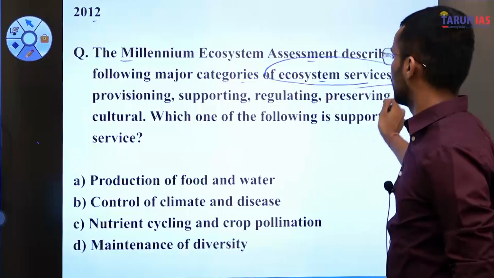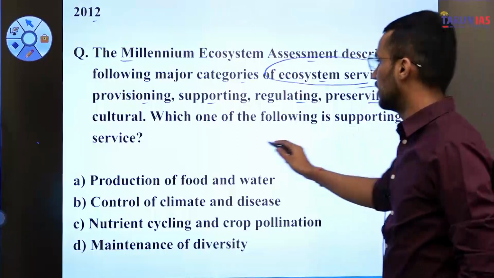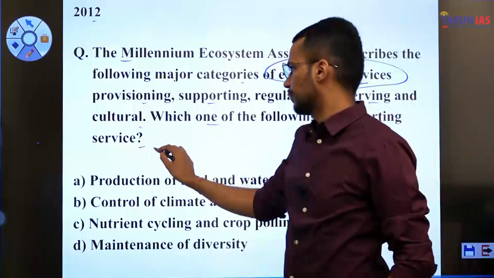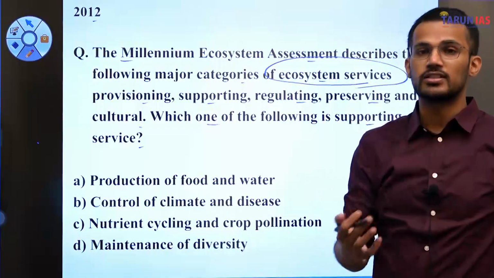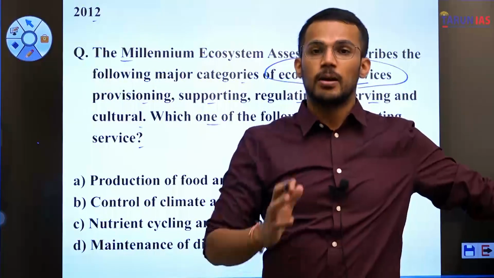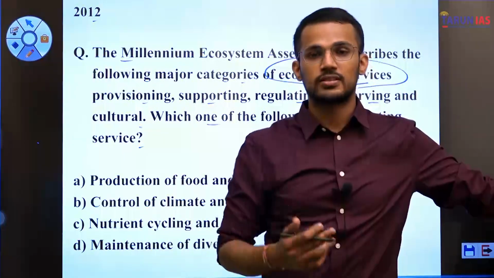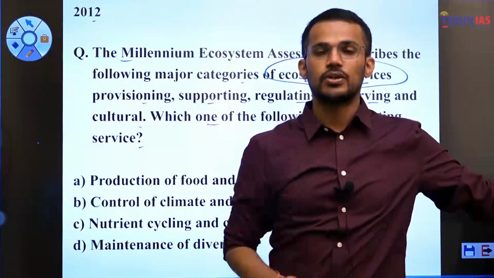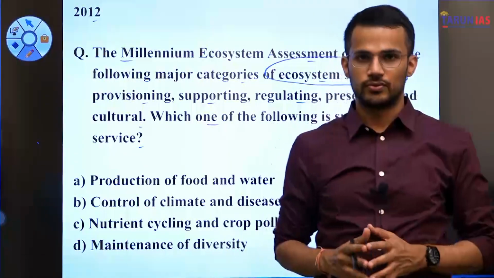So the major categories of ecosystem services are provisioning, supporting, regulating, preserving, and cultural services. Which one of the following is supporting service? We know that supporting services are the most basic or fundamental services based upon which we are able to enjoy other services given by biodiversity. And hence, the supporting services are those services which are fundamental for life.